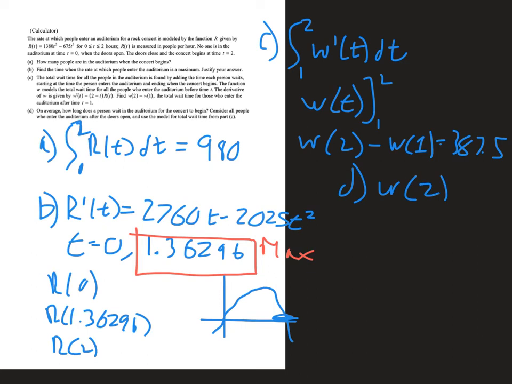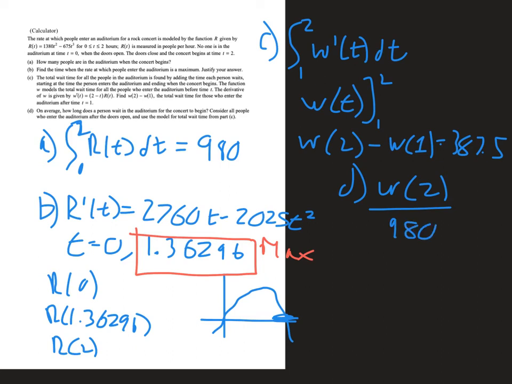And then if we just divided that by the number of people that are in the auditorium, well, that would be the total wait time, W of 2, divided by the number of people. Well, the number of people, we found that in part A. That's 980. So we just take this W of 2 and divide it by 980.